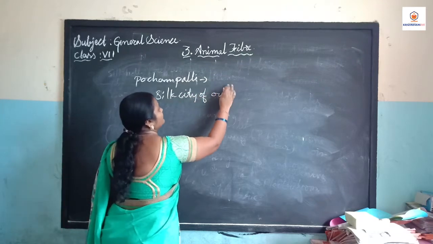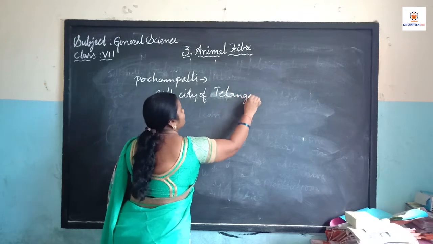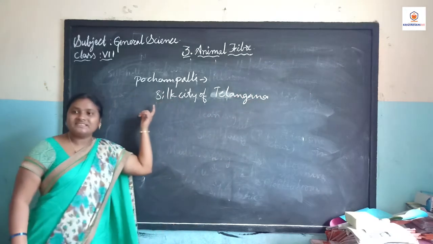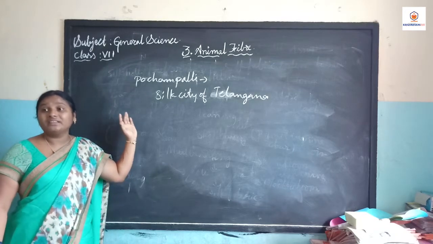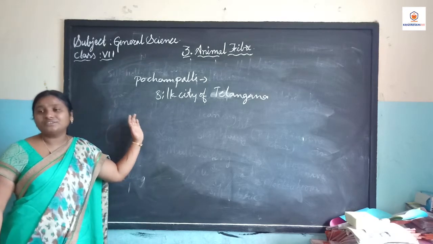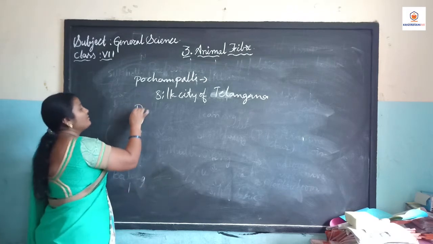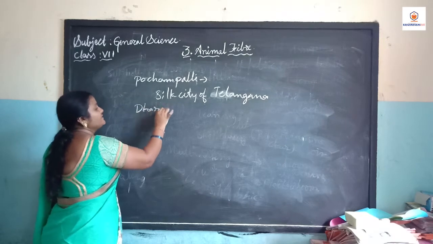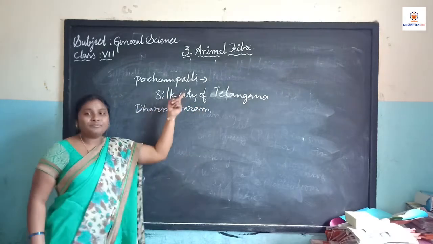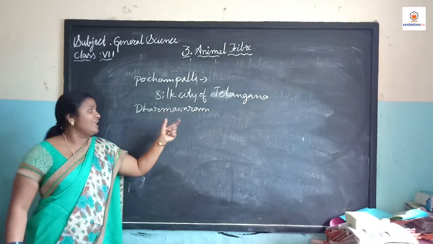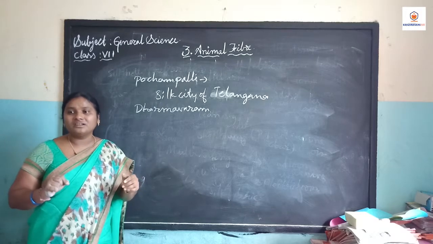Not only Pochampalli, but also Benares, Dharmavaram, Venkatagiri and many other places prepare silk clothes. Dharmavaram is also a very important place in our state. Pochampalli has a different style of weaving, and Dharmavaram has a wide border and small bunda dots.